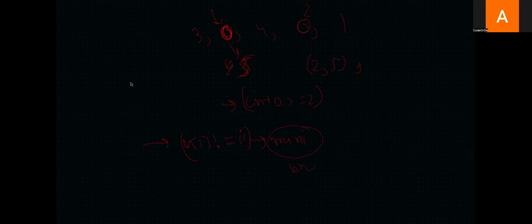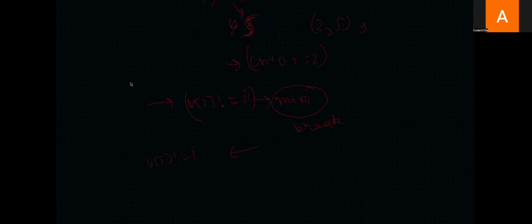Similarly, I will go from right to left, and if vi is not equal to i, even if it's 0, I don't care, because I can put a wrong element at that position. I'll store it in maxi, and then break. My answer will be maxi minus mini plus 1. Okay.